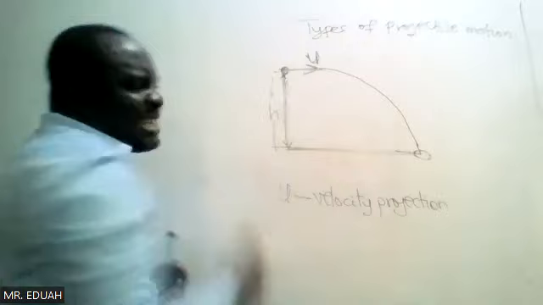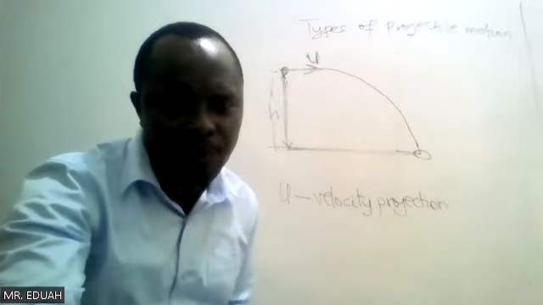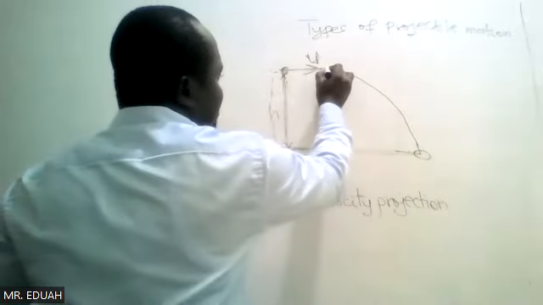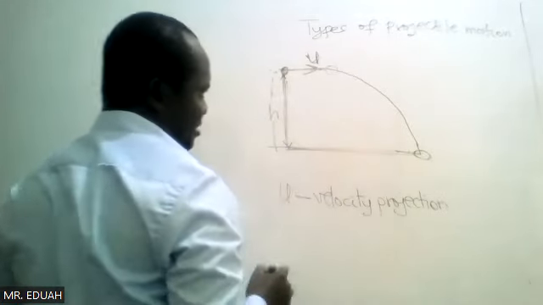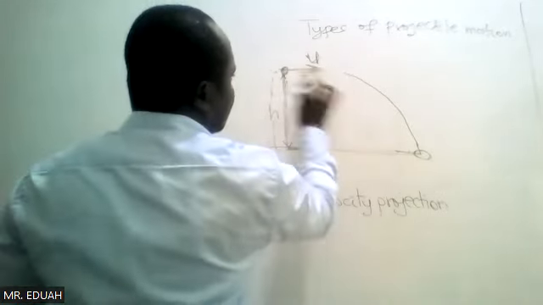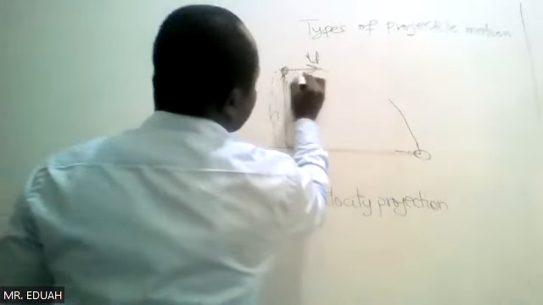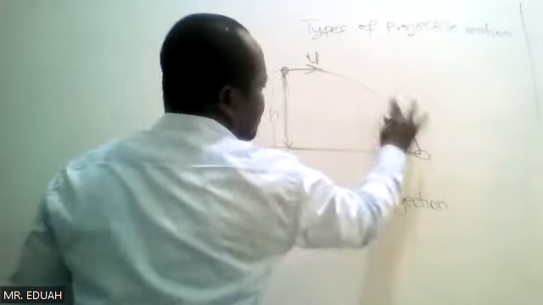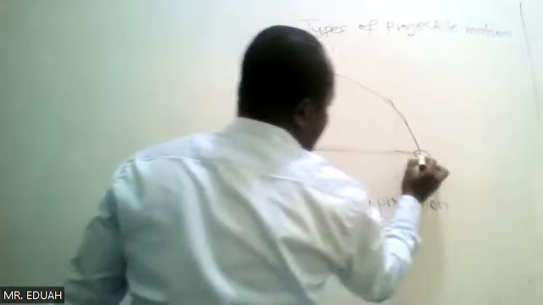Now, let us try to follow the path of the object. Let's assume at a point in time the object is here. Let me even bend this. So this is the final destination of the body.